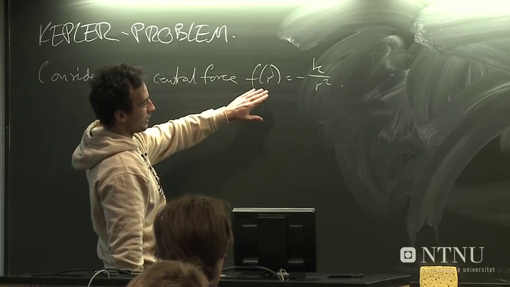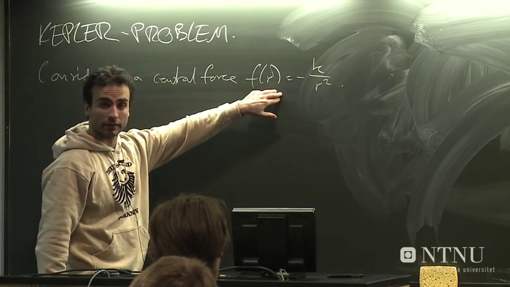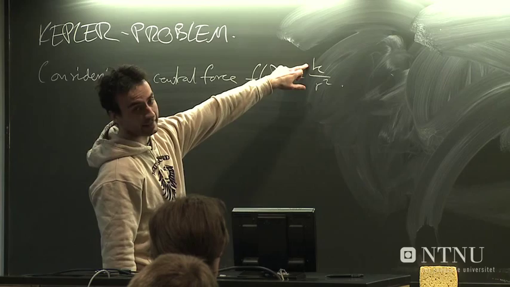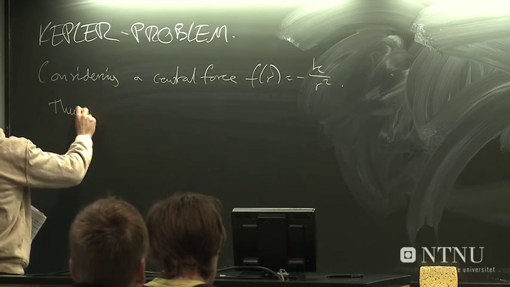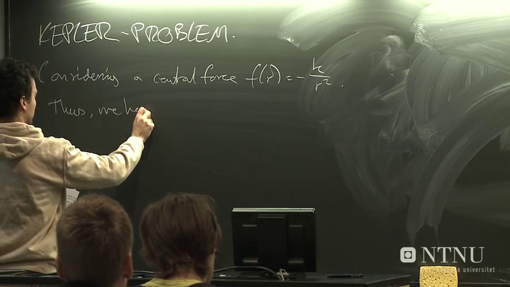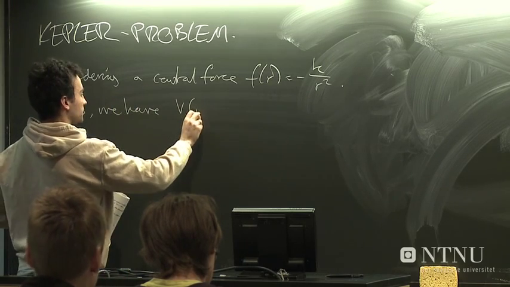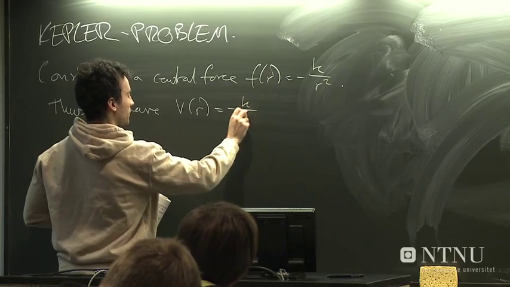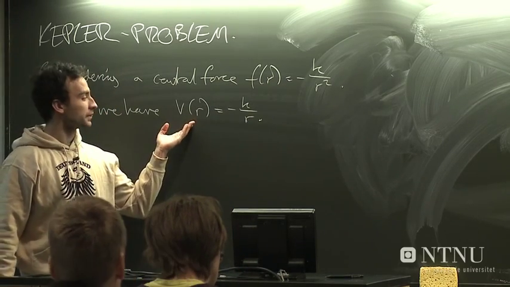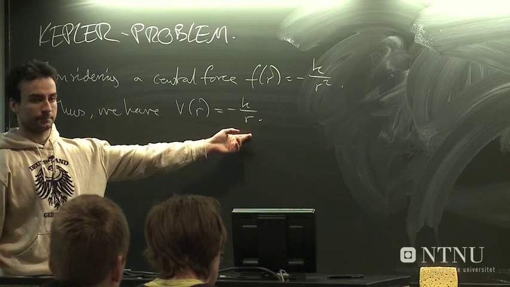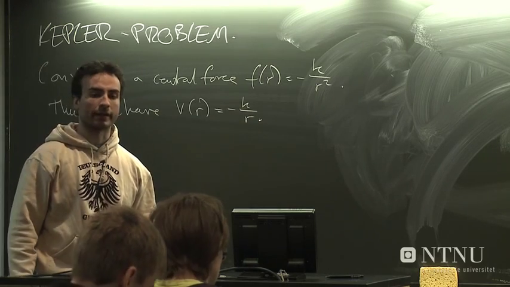So we're considering a force which is central, and which can be written like this, where K is a constant. The associated potential with this force can be written like this. This is just minus the gradient of the potential.